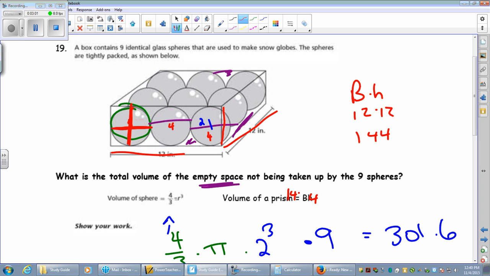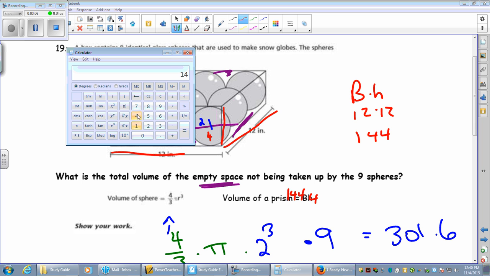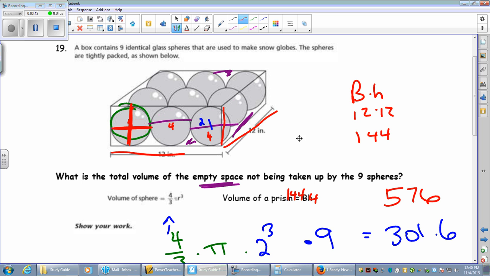So it's 144 times 4. Using my calculator on that, I end up getting 576.